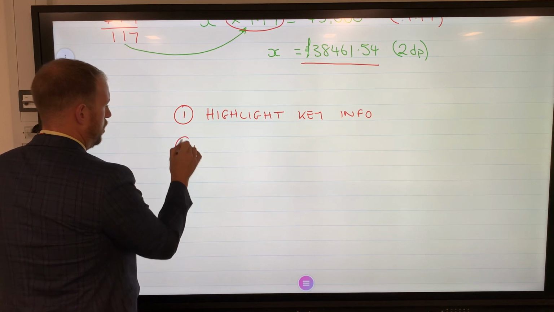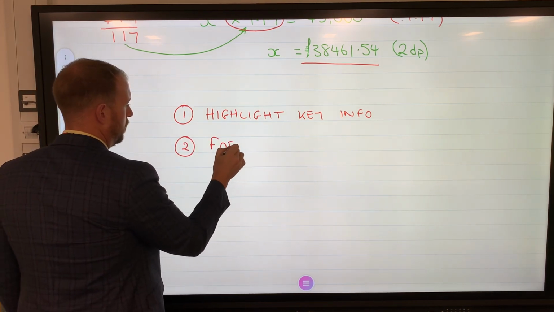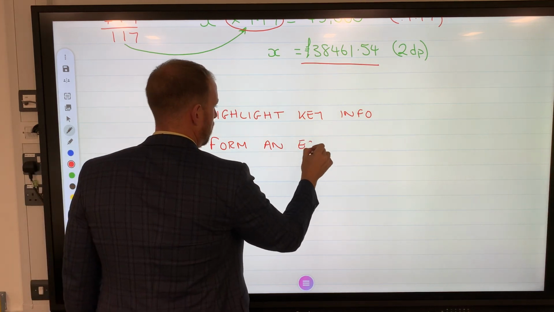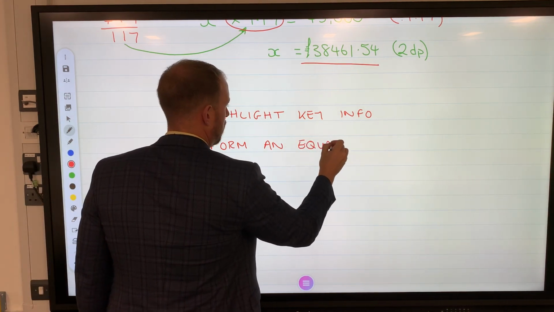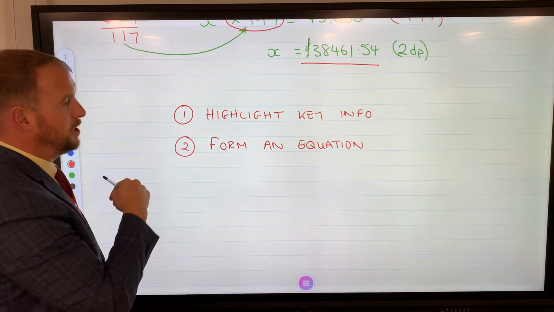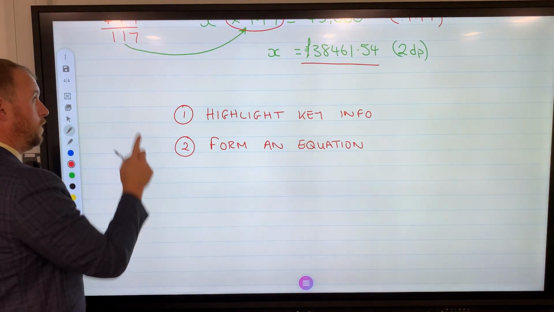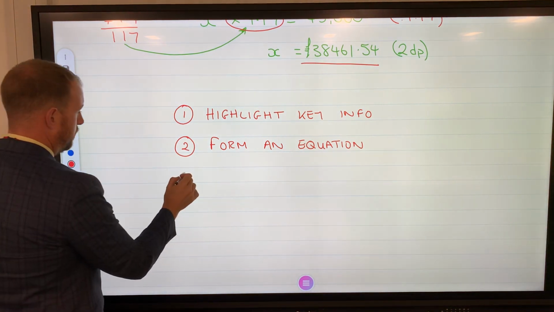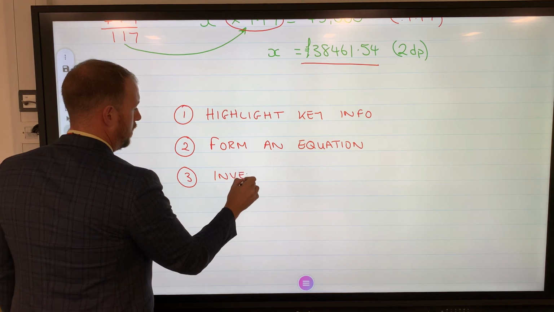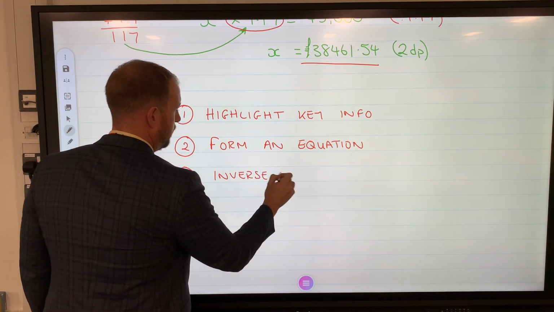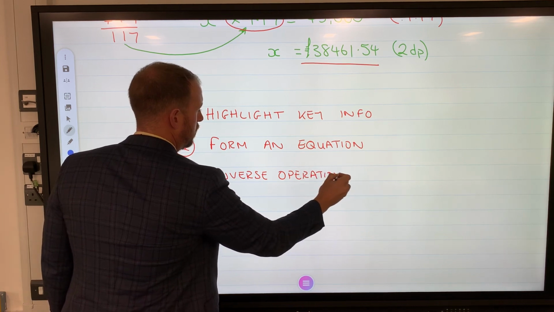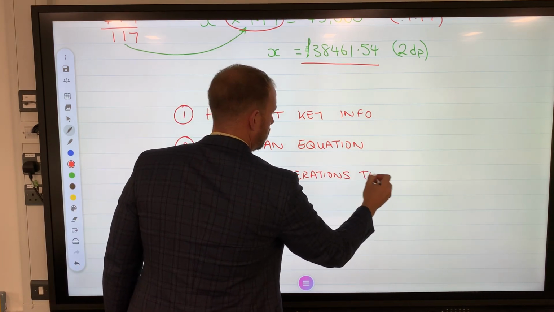Now we need to form an equation. So remember, you need to be good at percentage increase and decrease before we get to look at reverse percentages. Third, inverse operations to solve.